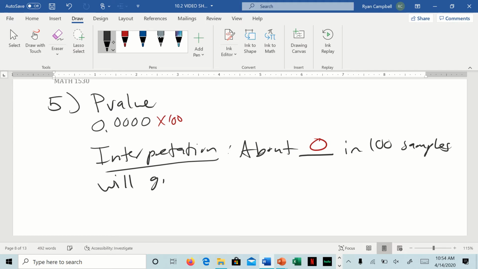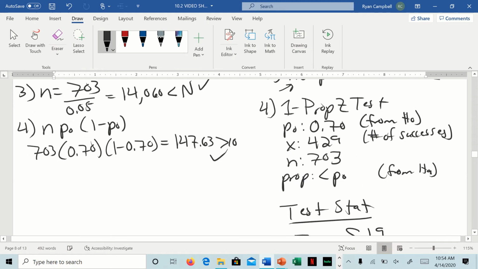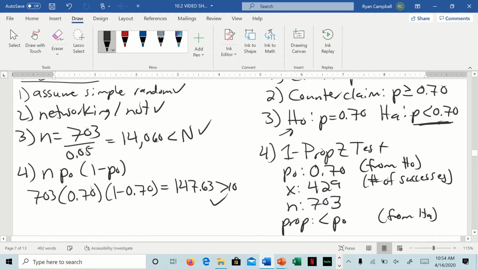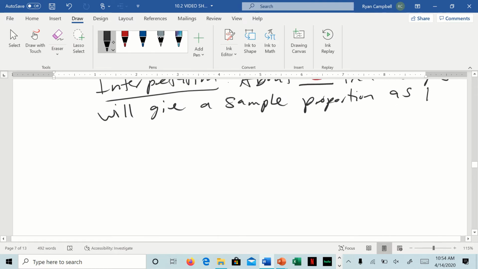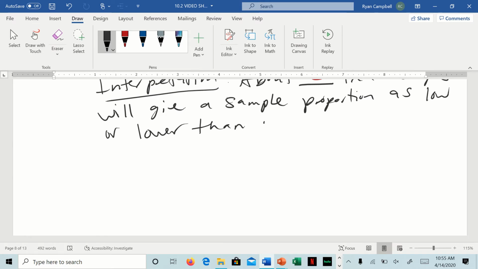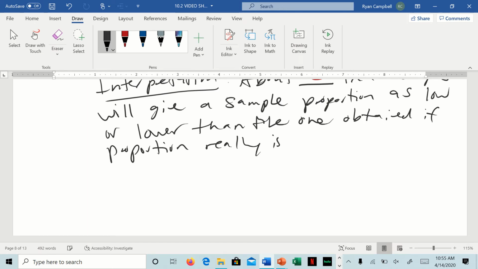So about 0 will give a sample proportion as, let's look at HA, HA is less than, so as low or lower than the one obtained if the proportion really is 0.7.